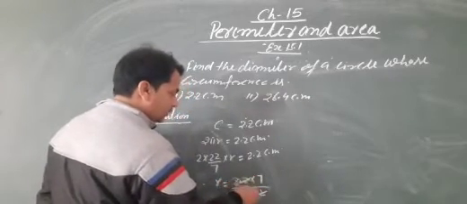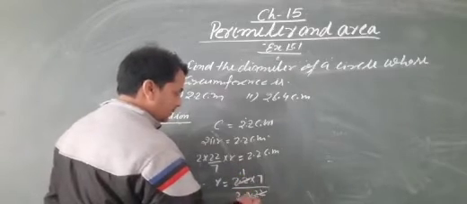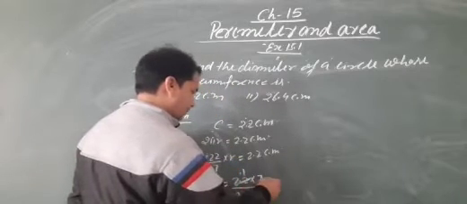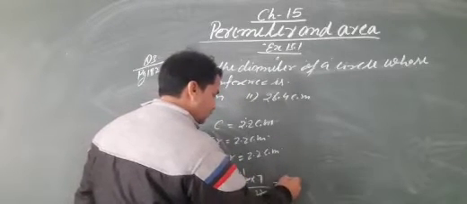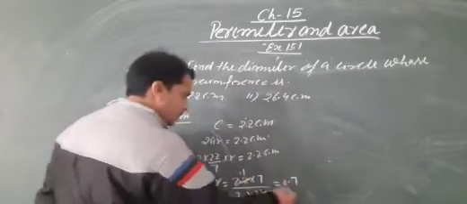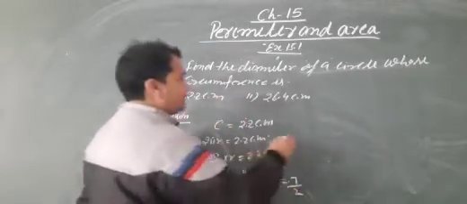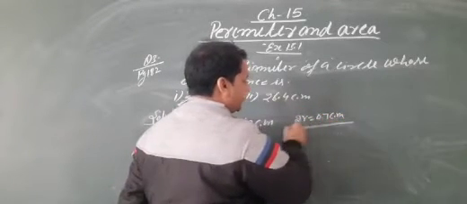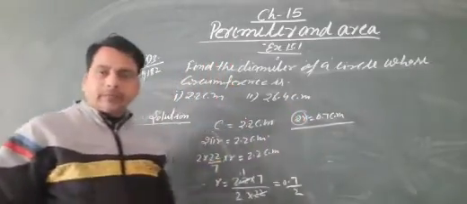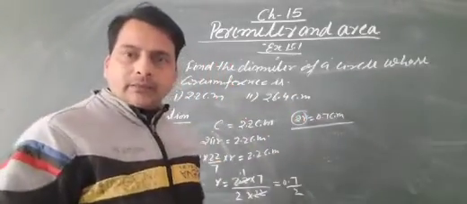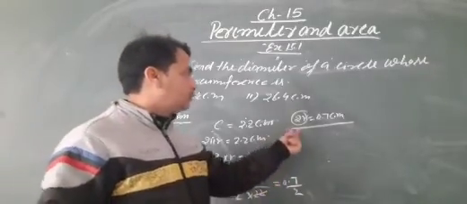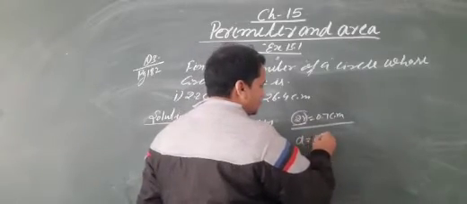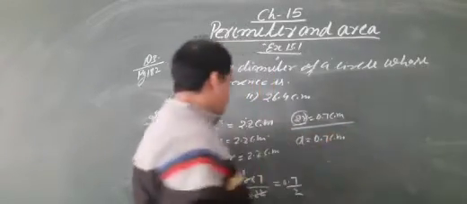Then 22 by 0.1, that is 0.7 by 2, and here 2r equal to 0.7 centimeter, and 2r means the diameter of the circle. We know that d equal to 2r, so in the place of 2r we can write d equal to 0.7 centimeter.